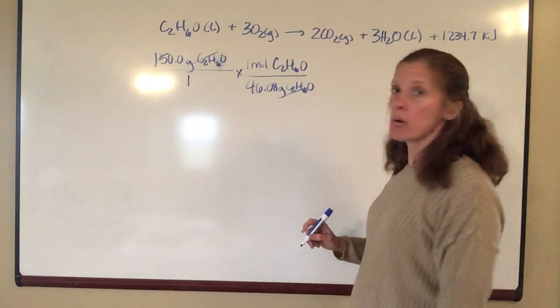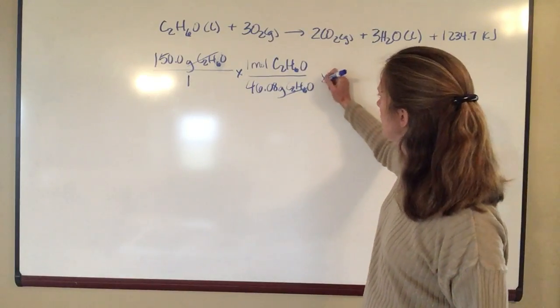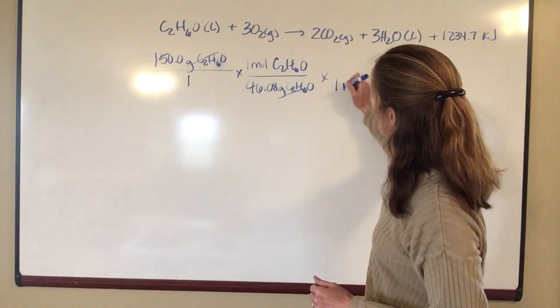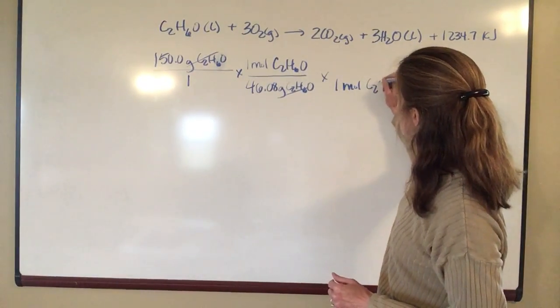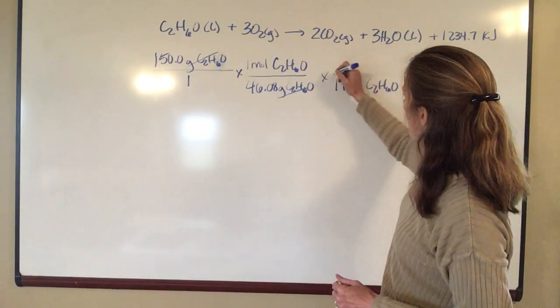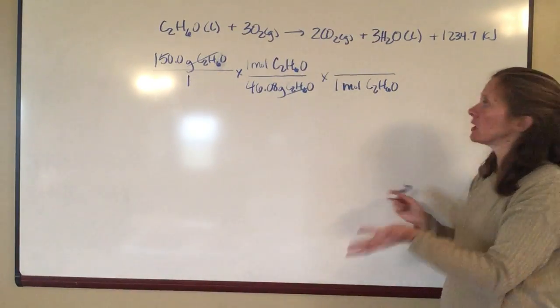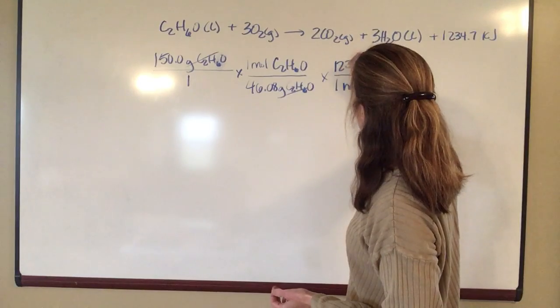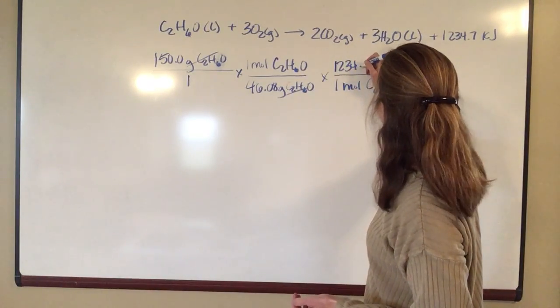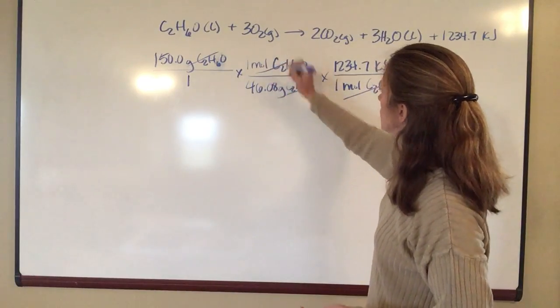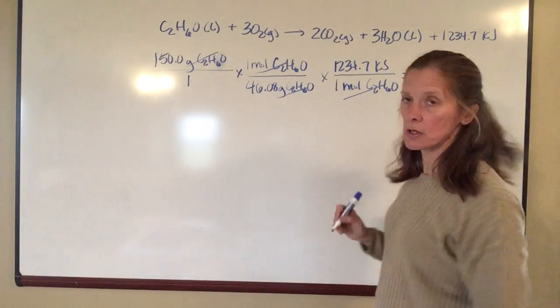Now, what I know from my balanced equation is that for every 1 mole of ethanol, and I need to put that on the bottom so that it will cancel, I'm going to produce 1234.7 kilojoules of energy. So that goes on the top. So moles of ethanol will cancel out, and I will be left with kilojoules.